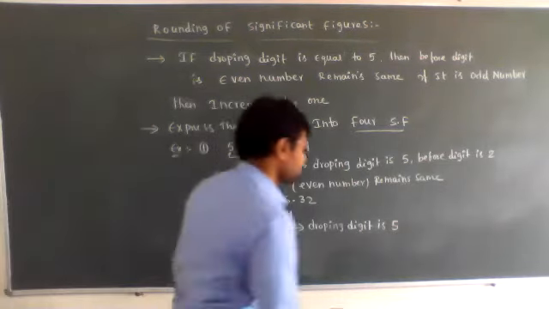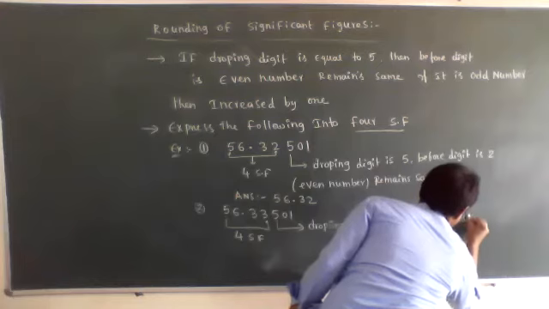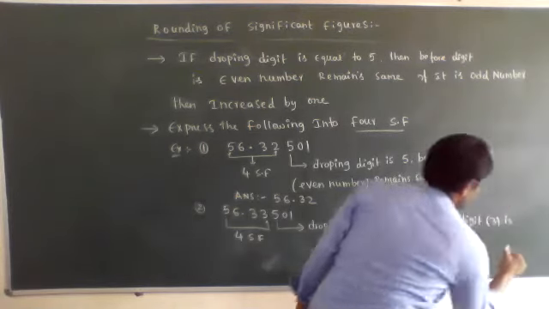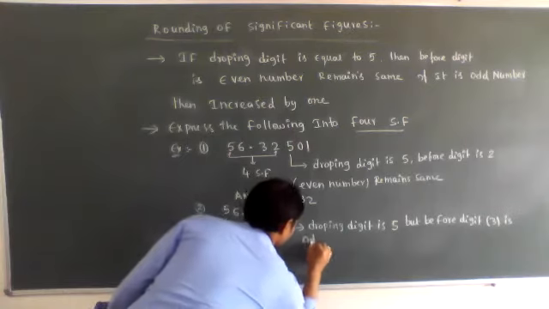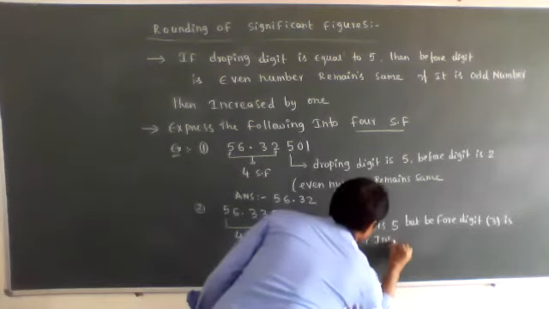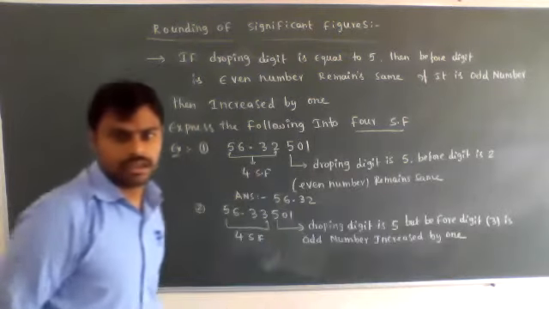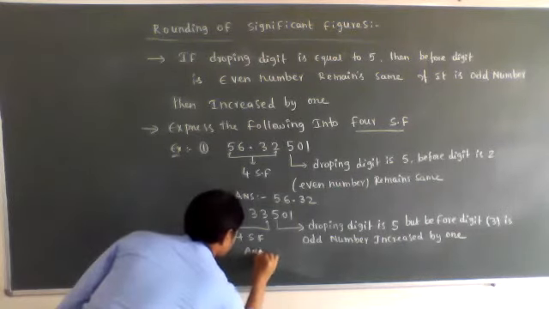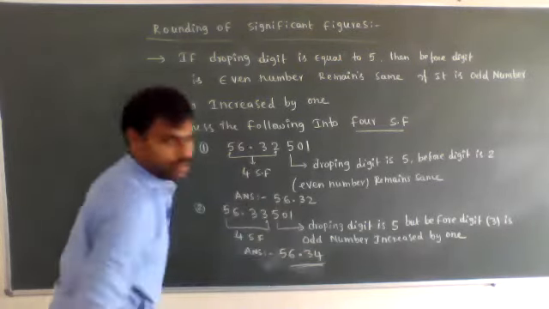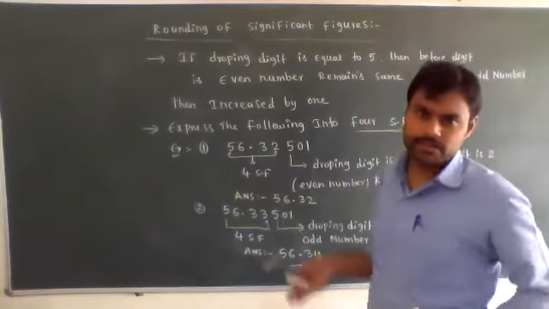But the digit before it, 3, is an odd number, so it is increased by 1. So the answer is 56.34. 56.34.